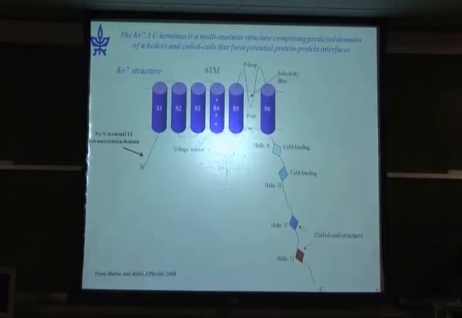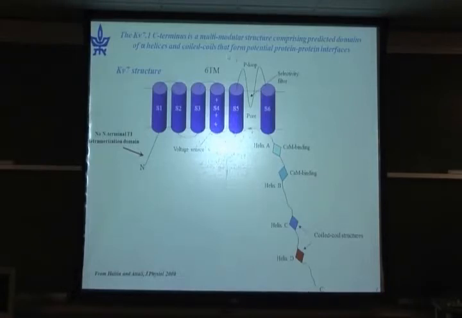So we are focusing on a domain which is quite interesting, especially if we compare it with other voltage-gated potassium channels, so the Kv7.1 C-terminus. And we know that the C-terminus of Kv7.1 is a relatively long polypeptide.